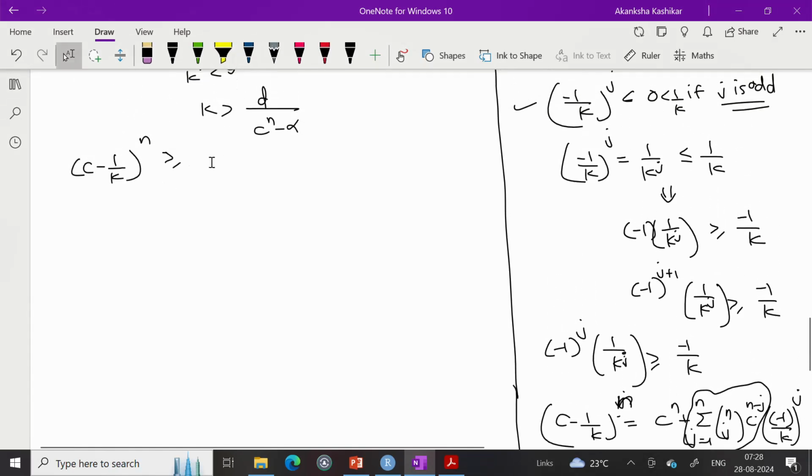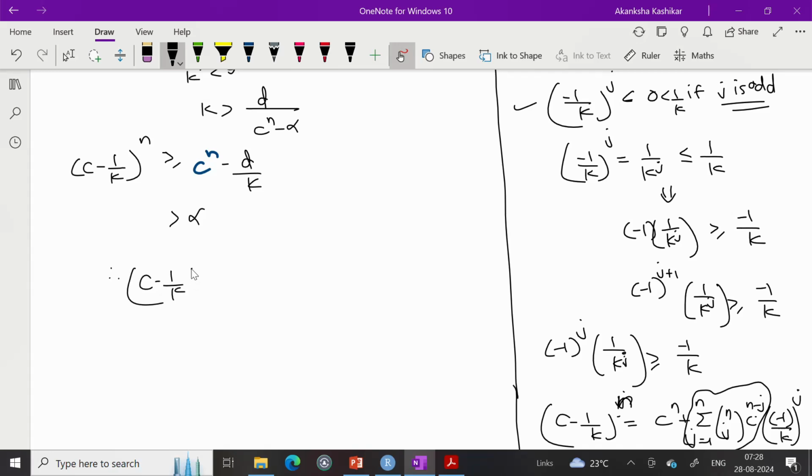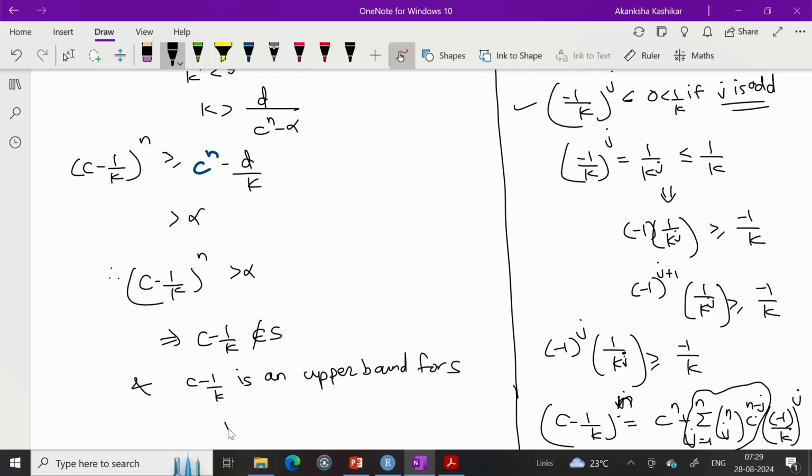Now using the binomial expansion, (c - 1/k)^n is greater than or equal to c^n - d/k, which we know is greater than alpha.